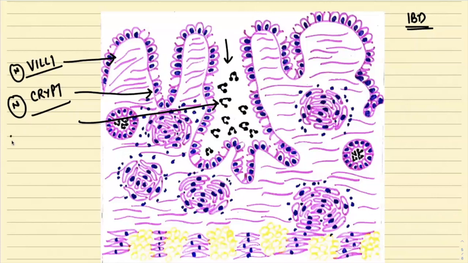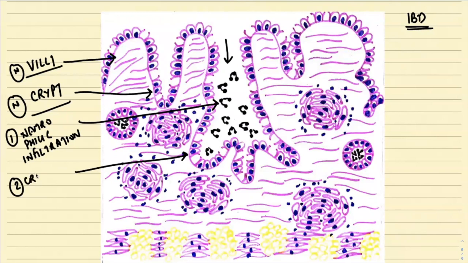The number one thing I can see, neutrophils. Neutrophilic infiltration is seen over here. And what is this neutrophilic infiltration doing? It is actually causing damage to this particular crypt, leading to what is called crypt damage.